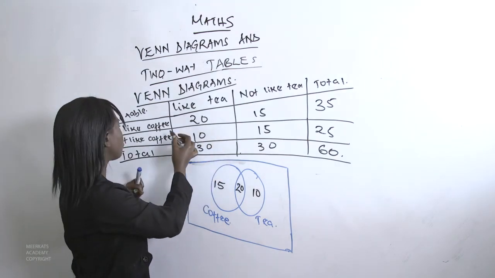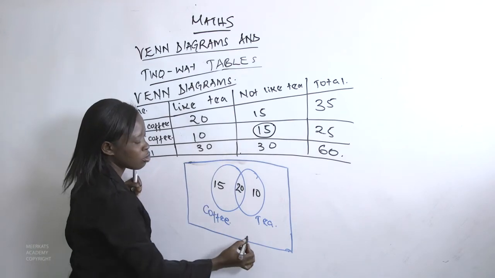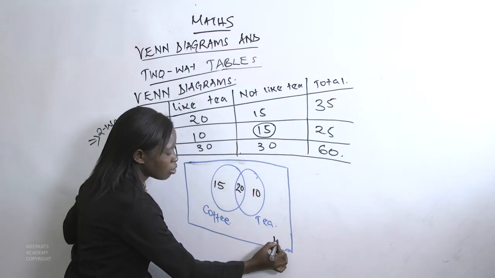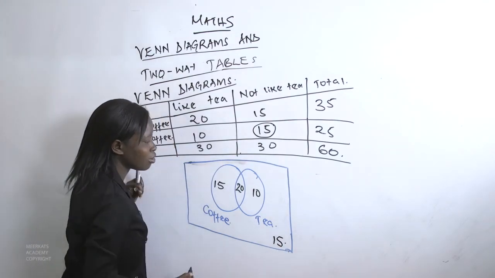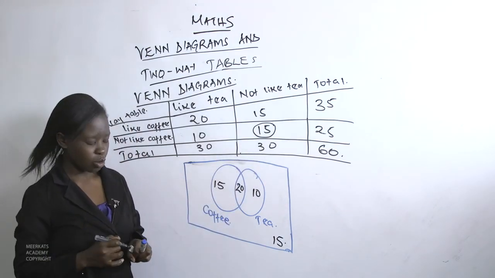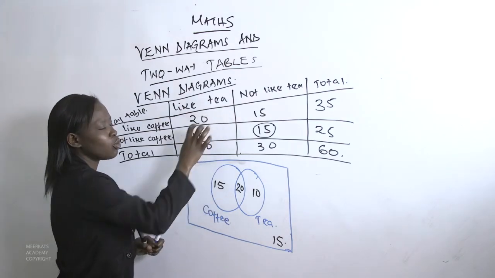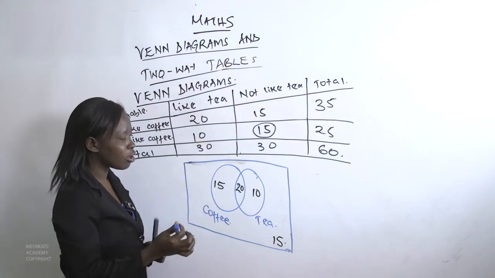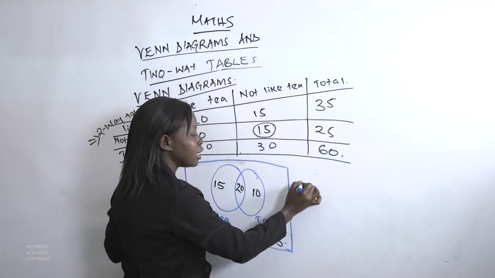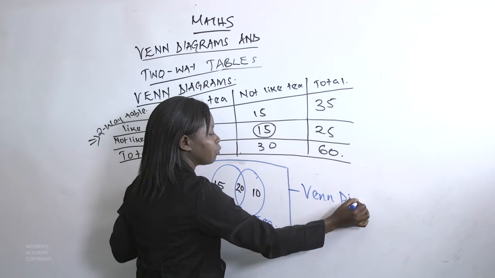We find that those people who don't like both tea and coffee were 15. So we write our 15 outside the two circles, but it is surrounded by that given frame. So I've done a pictorial representation of my two-way table. This pictorial representation is what is known as a Venn diagram.